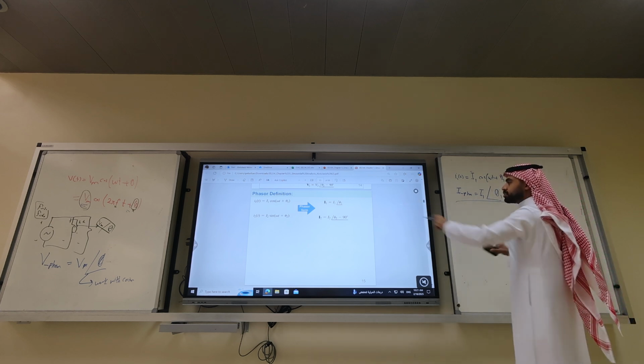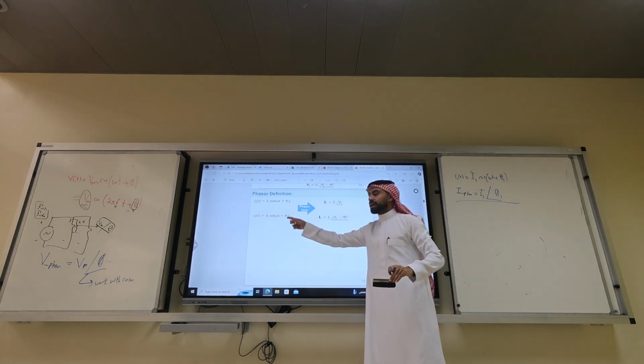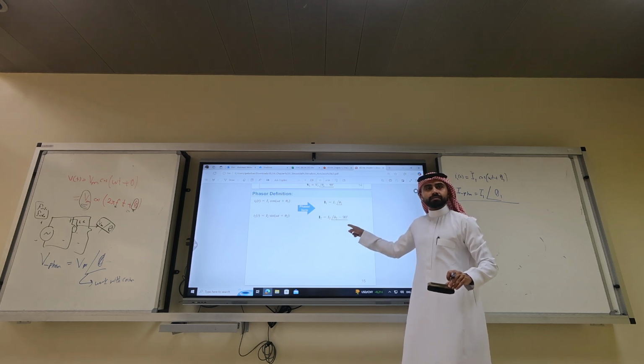If I have I2 as a sine, I have to convert it first to a cosine, then the phasor will be I2 angle theta 2 minus 90 degrees.